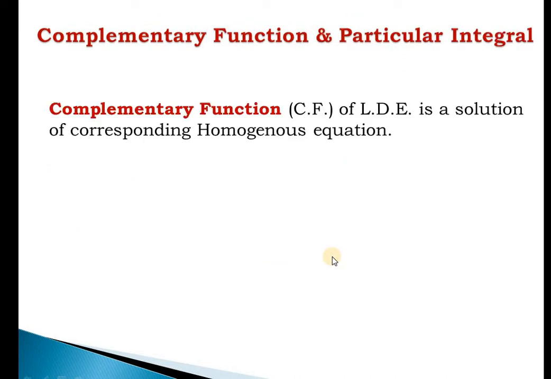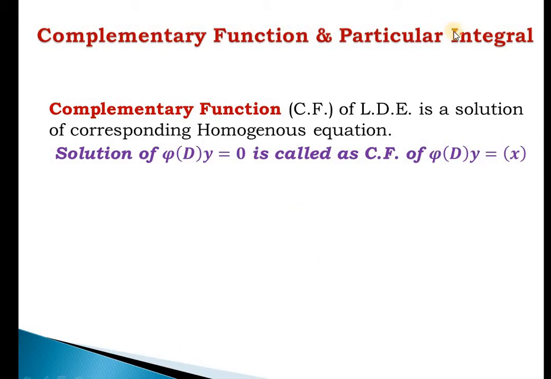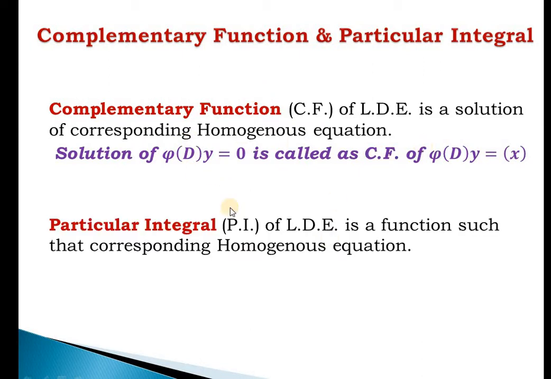So what is the complementary function or CF? This is the solution of the corresponding homogeneous differential equation. When we find the solution of phi of D into y is equal to 0, the solution of the homogeneous differential equation is called the complementary function. And the particular integration is the function such that when I operate phi of D on yp, I get this f of x function.